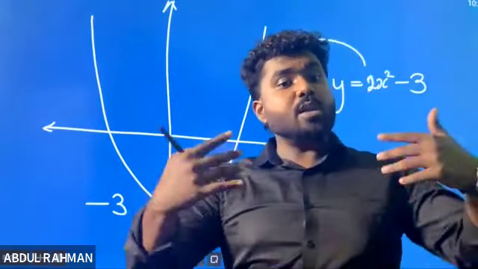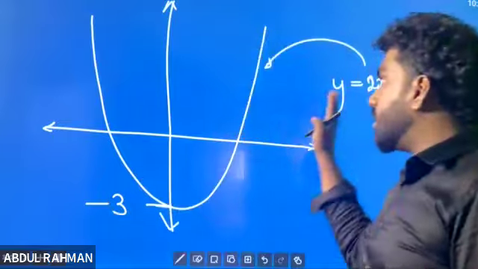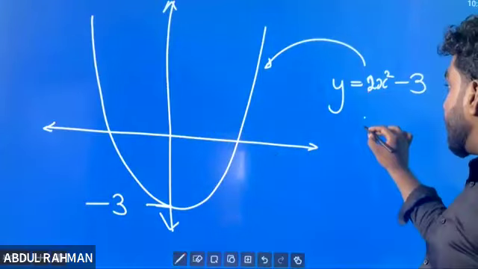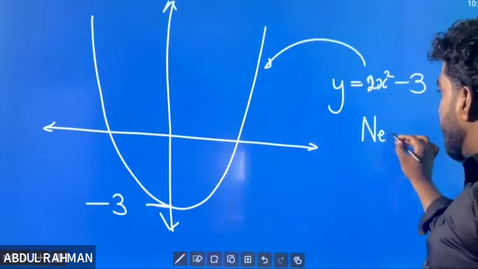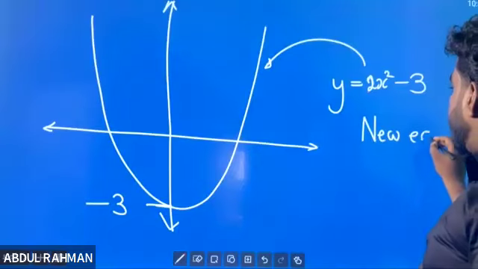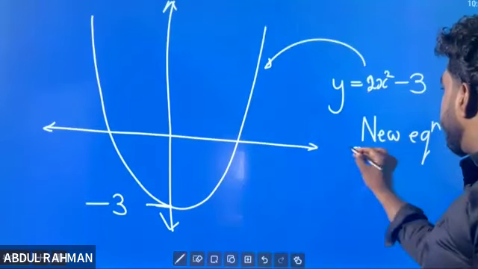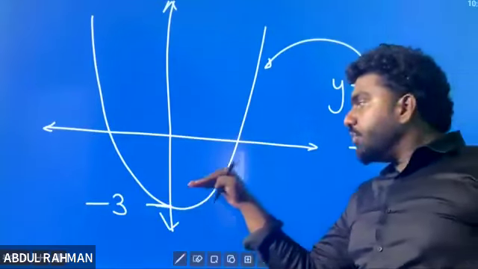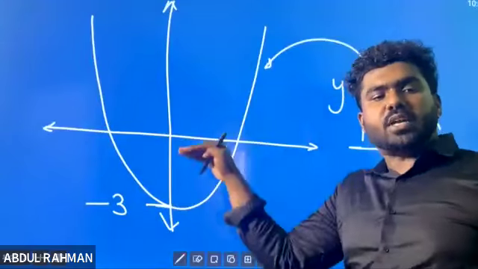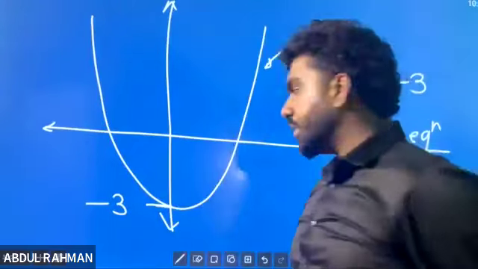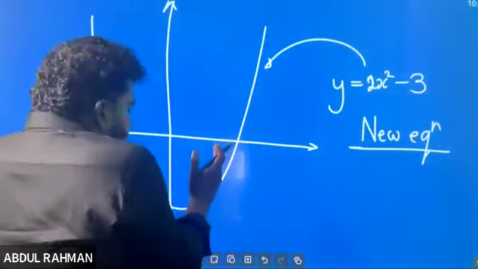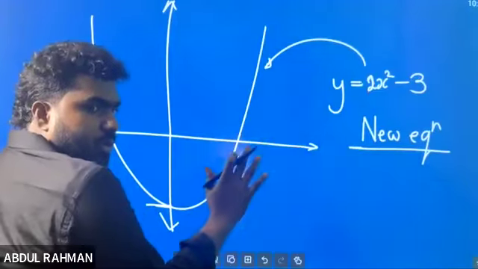Now they are asking you another question. What is the new equation of the graph? This is the old equation, already given. They are asking for the new equation if this graph is shifted. They are going to shift it up or down, according to the question.